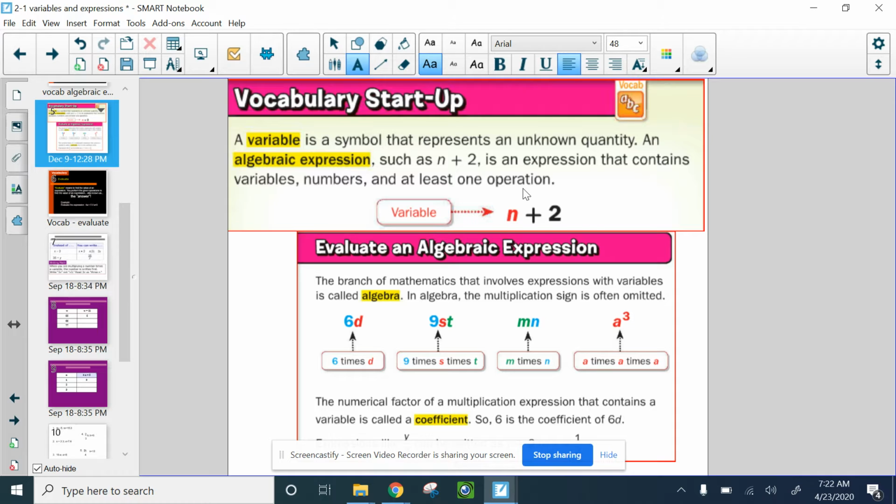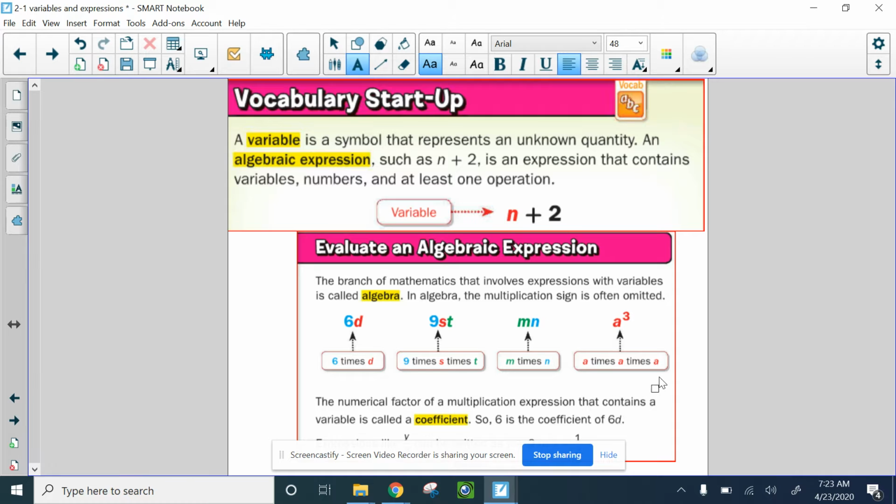So in algebra, we have, again, expressions with variables. Remember, we often omit the multiplication sign. So we have 6d is 6 times d, 9st is 9 times s times t, m times n is mn. Remember, a to the third power actually means a times a times a.